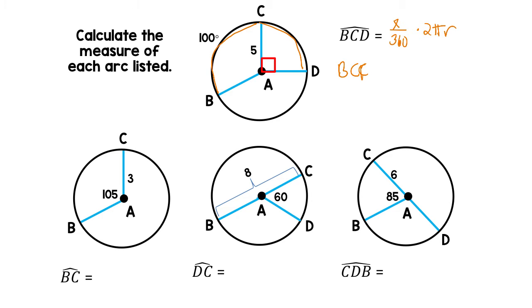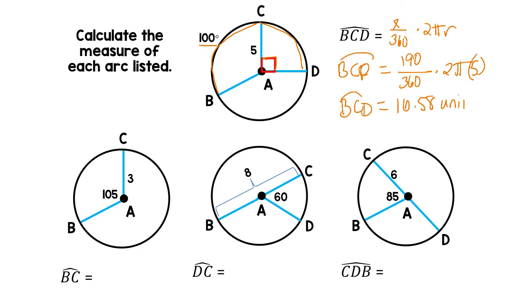That means arc BCD is 190, because 100 plus 90 is 190 over 360 times 2 pi, and r is the same, 5. Put this all in our trusty calculator, and arc BCD is 16.58 units.